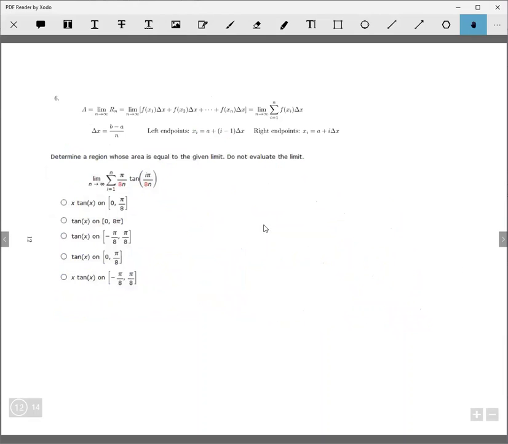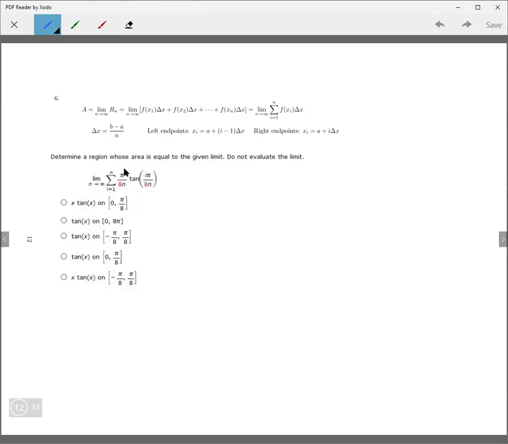Let's look at number 6. Determine a region whose area is equal to the given limit. Do not evaluate the limit. Here we have this right here.